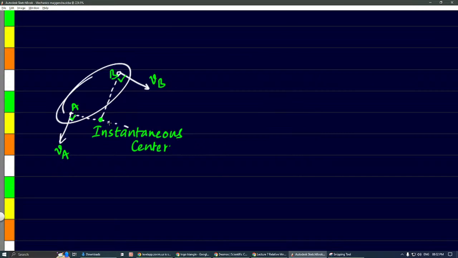The good thing about this is that once you find the instantaneous center, the rotation about this point, omega, will be the same for all the points.